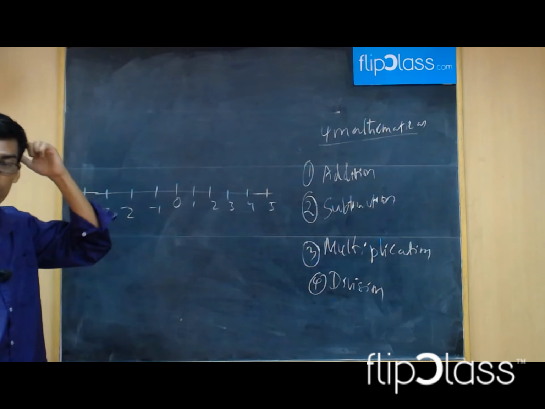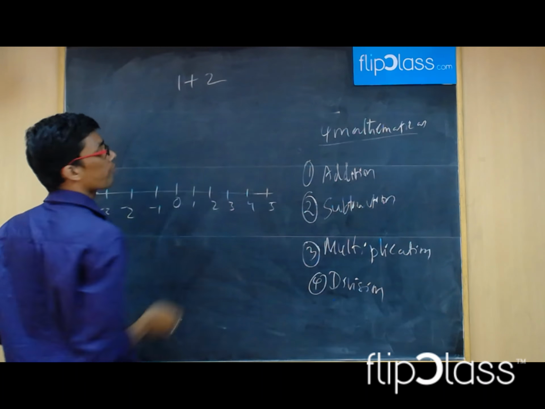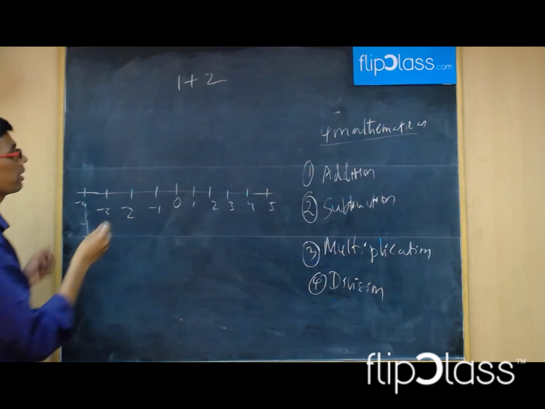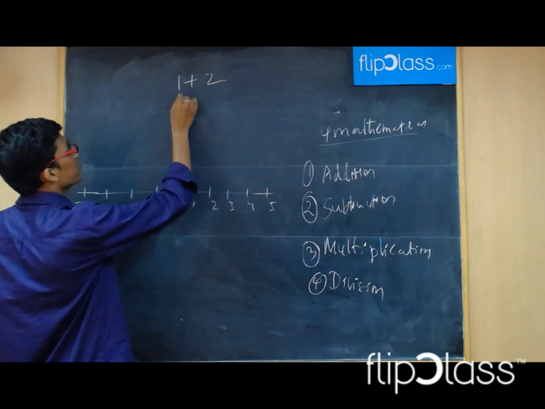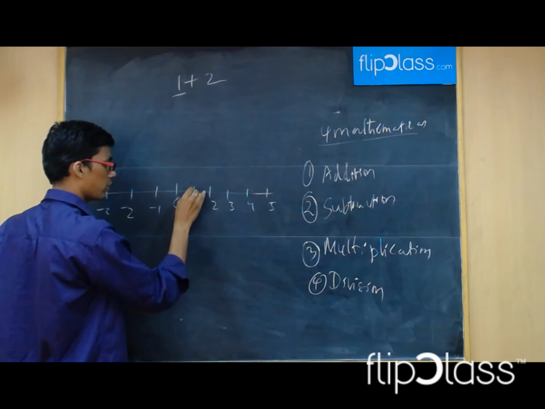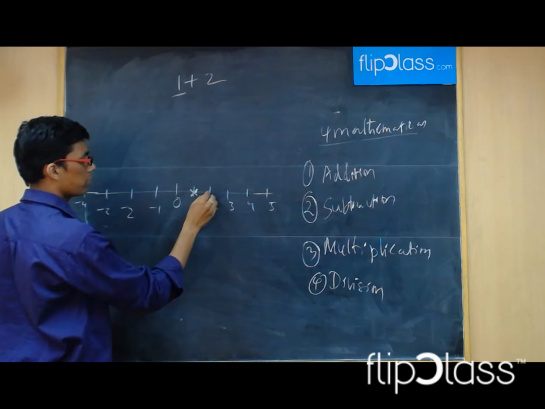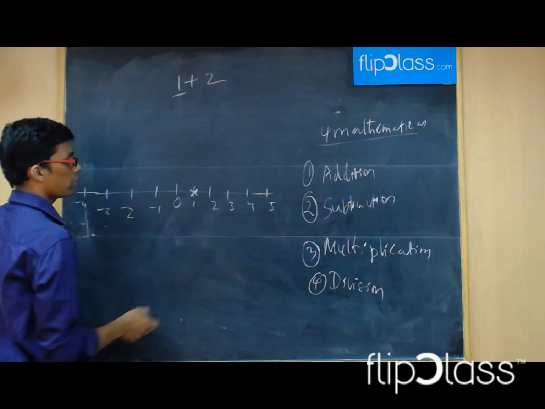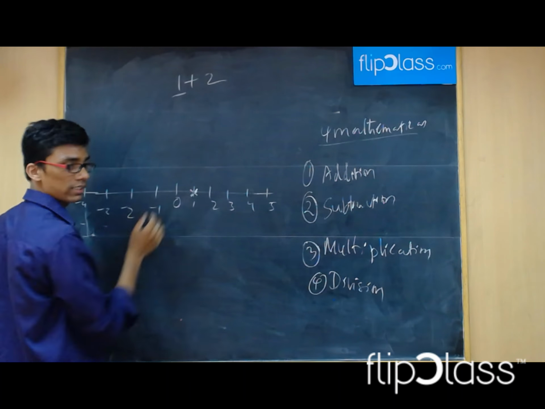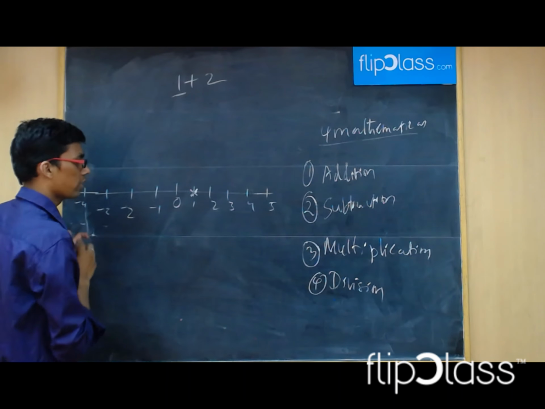Now if I ask you to add 1 plus 2, what do you mean by 1 plus 2? There is this number 1. How do you represent this? This is 0. From here this is number 1. And then number 2 is here. There are two numbers we are adding, which is nothing but 2 spaces. After adding 1 space, you have to add 2 more spaces.